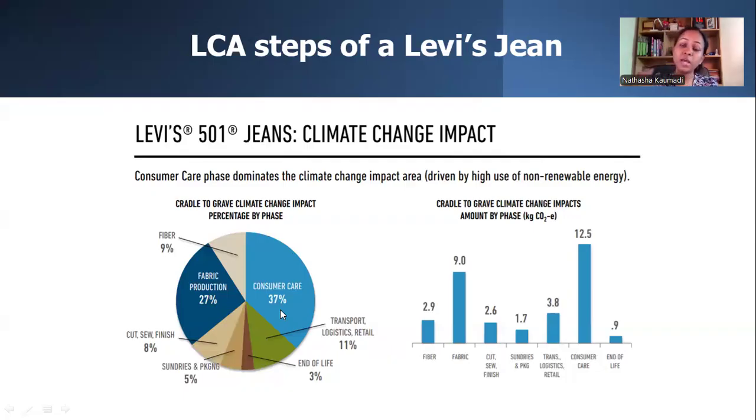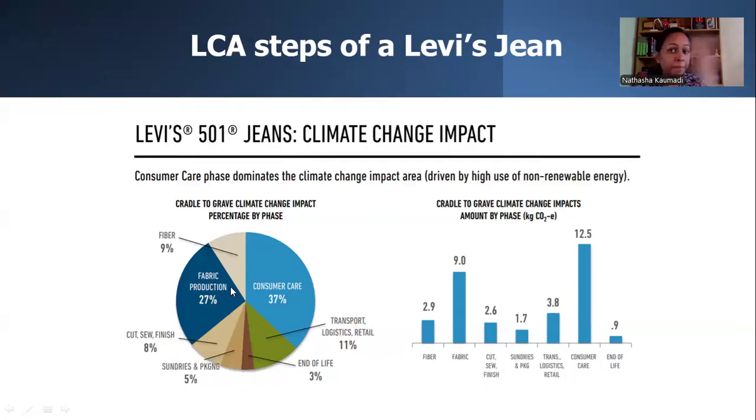So the frequency, how many times we will wash the jean, the water consumption when we are washing, if we are using washing machines, energy consumption. Likewise, there are so many things. If you are ironing by any chance, the energy consumption again. That is why the climate change impact is higher when it comes to the consumer care stage.